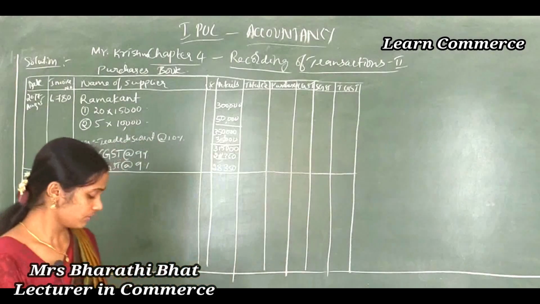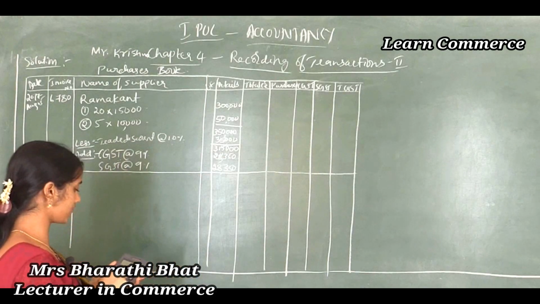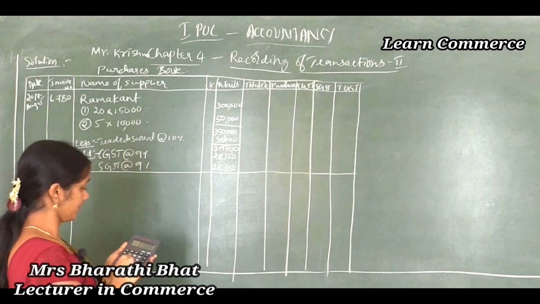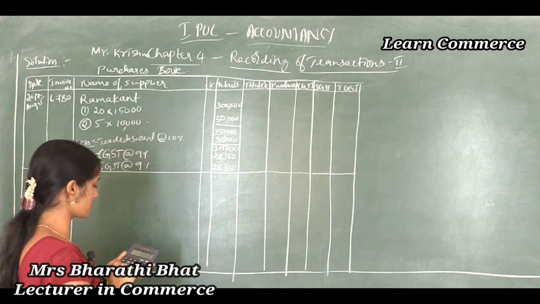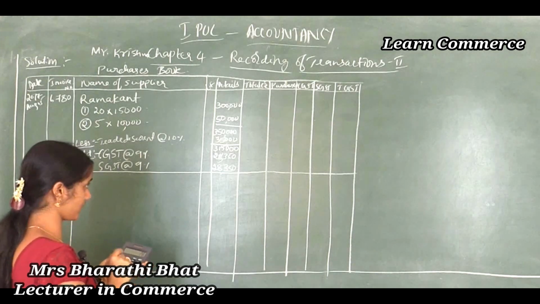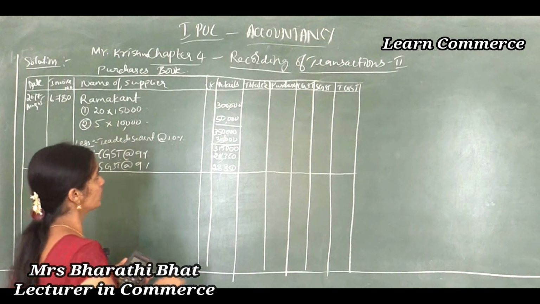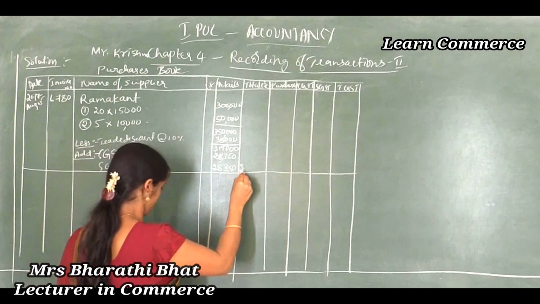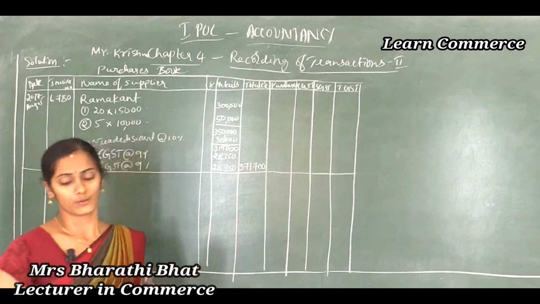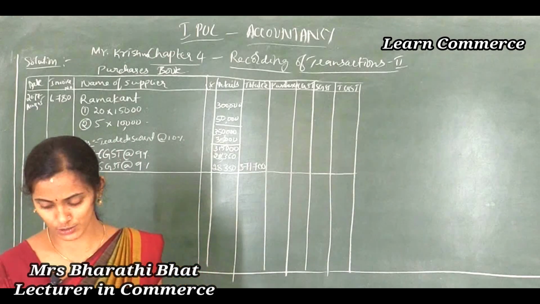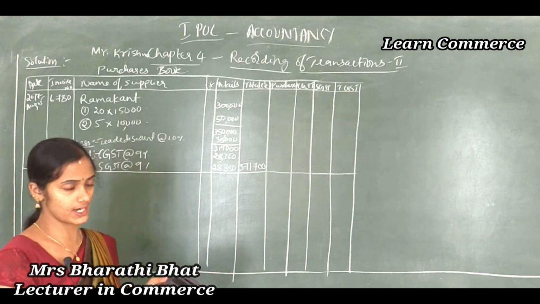And now, how much did you pay for the purchase? 3,15,000 plus 28,350, again 28,350. So your total amount is 3,71,700. Correct, right? To purchase these two items, you have to pay 3,71,700.